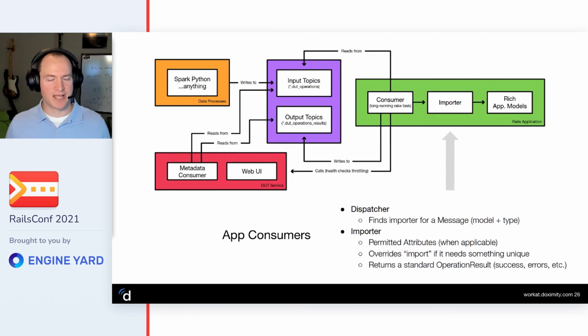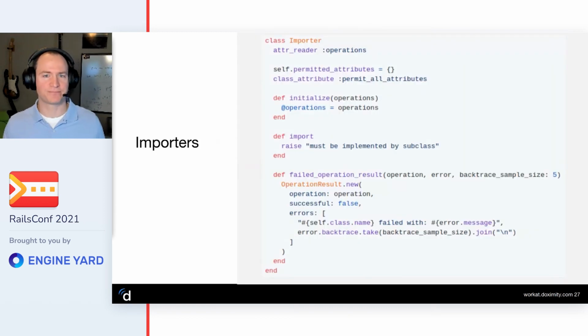We also created a parent abstract class that you can inherit from, and then you implement import whenever you need to do something special in order to send these through our system. Another important idea is that whenever we are returning results, we return an operation result, more of a value object, as opposed to just a straight up hash.